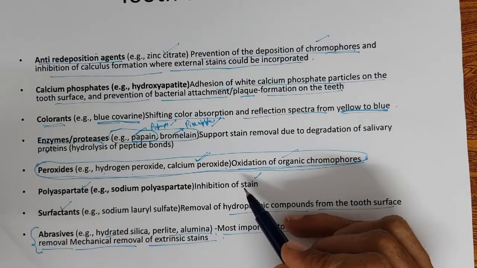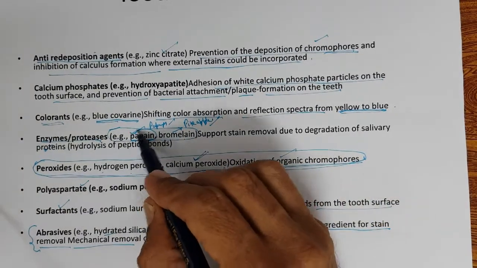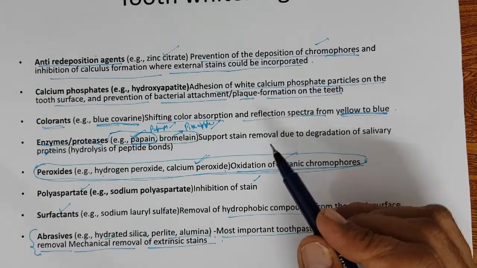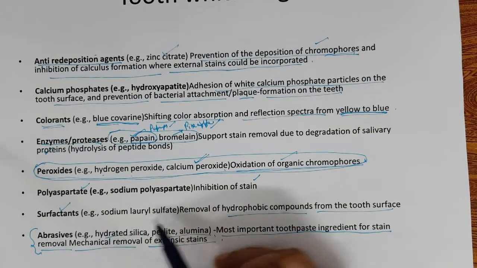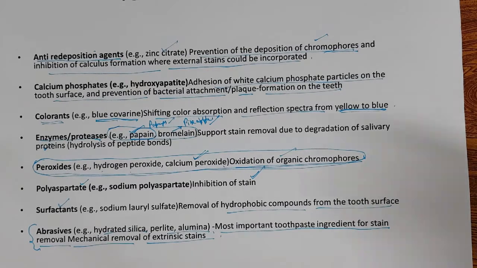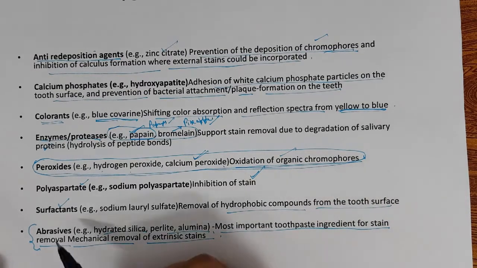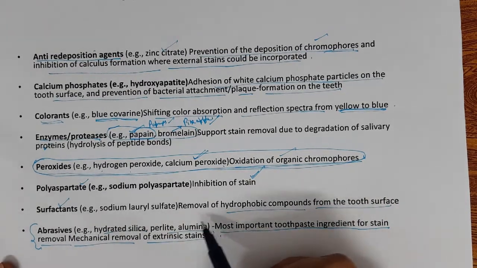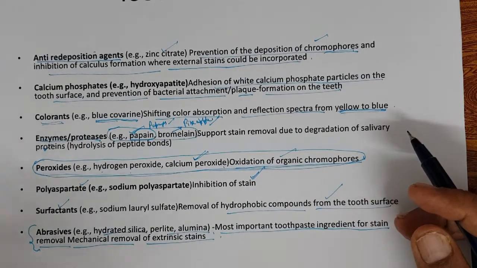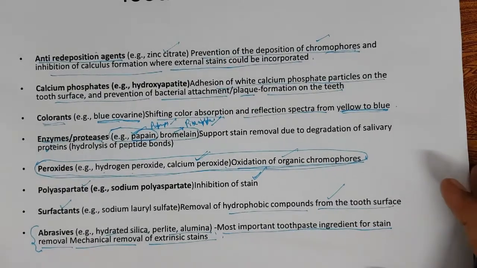So papain and bromelain are also used in herbal toothpaste. Polyaspartate inhibits restaining, right? Surfactants simply remove the color through their surfactant properties.